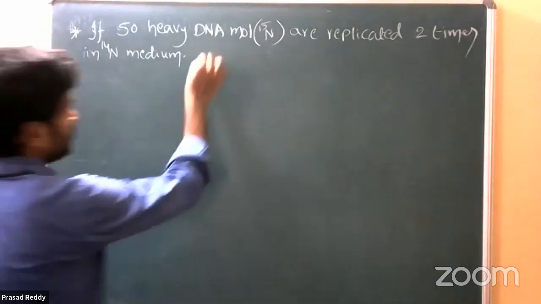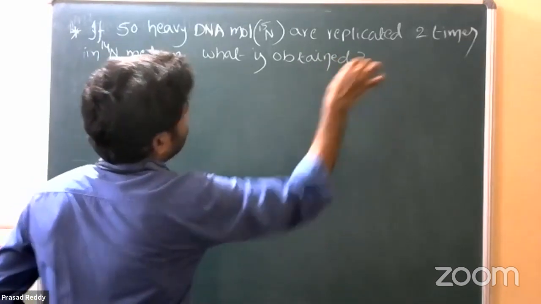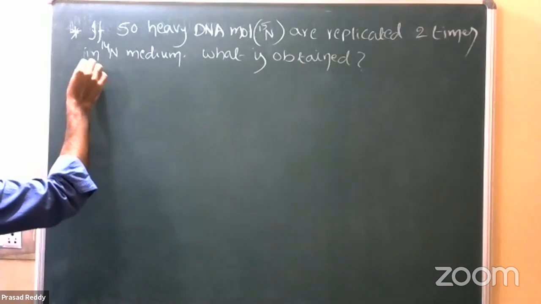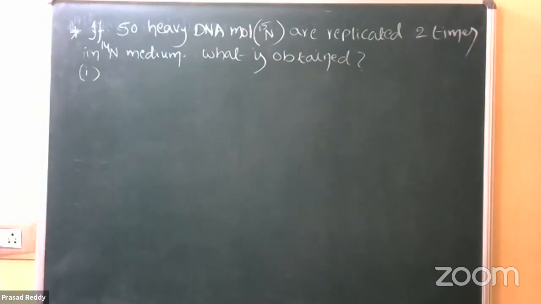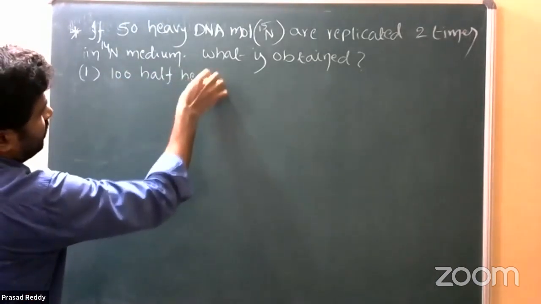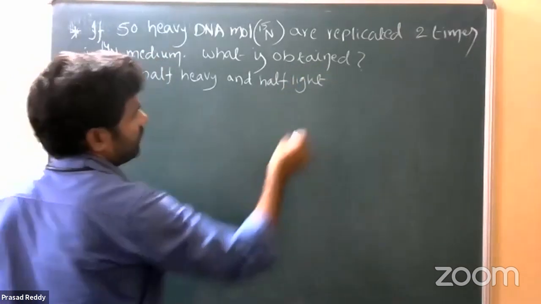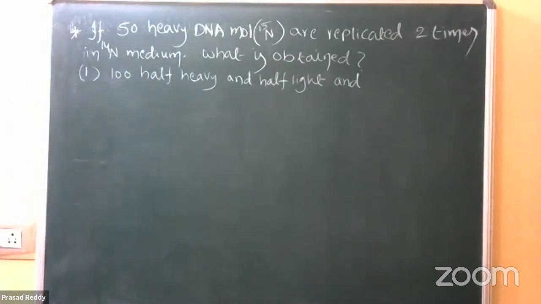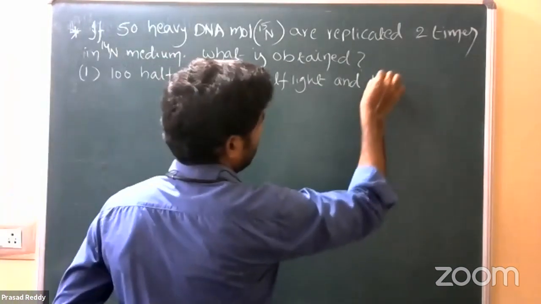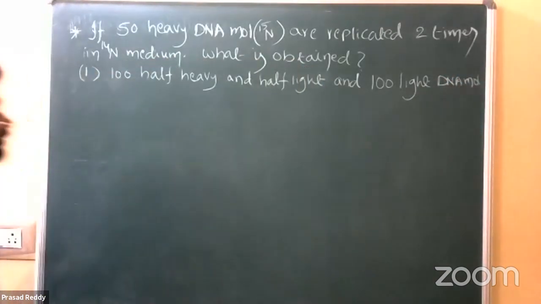So what is obtained? First option: 100 half heavy and half light, and 100 light DNA molecules.